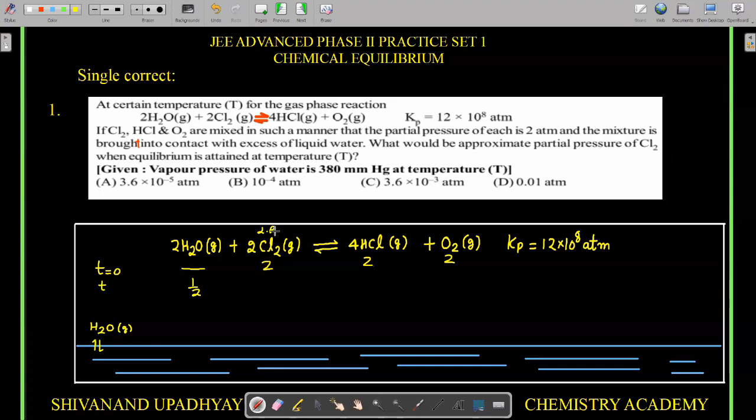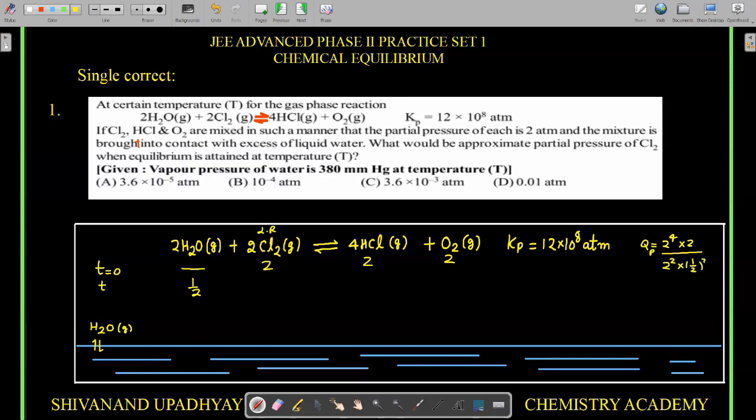And at time t equal to 0, if I calculate the reaction quotient for this reaction, the reaction quotient Qp is pressure of HCl gas, that is 2 atm to the power 4, and pressure of O2 gas is 2, divided by pressure of Cl2 gas, which is 2, and the pressure of H2O now is half atm, so half to the power 2.